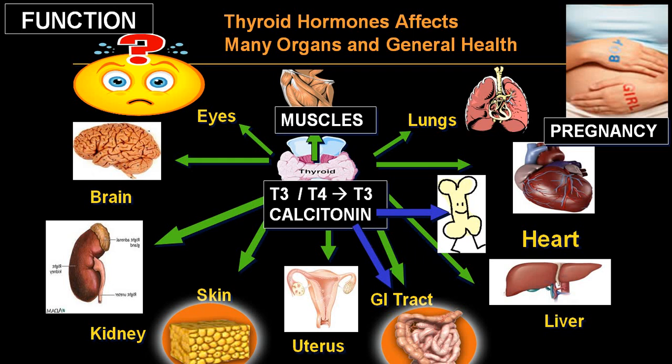It will also act on the GI tract by decreasing calcium and phosphate reabsorption. And it will also act on the kidney, where it will increase the excretion of calcium, by which it will try to lower the calcium level. Calcitonin secretion will increase in the presence of hypercalcemia.